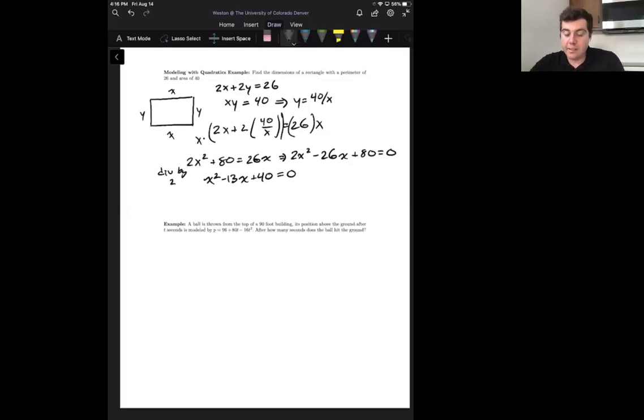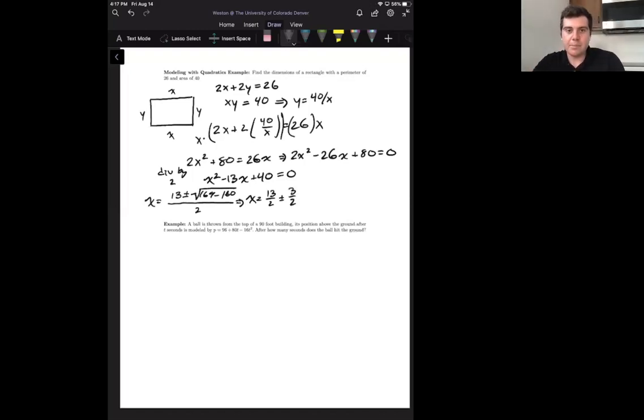And now we just plug this into our quadratic formula, and we get that x equals negative b plus or minus the square root of b squared minus 4ac, so that's 160, divided by 2a, so that's 2. So that's going to be x equals 13 halves plus or minus 3 over 2.